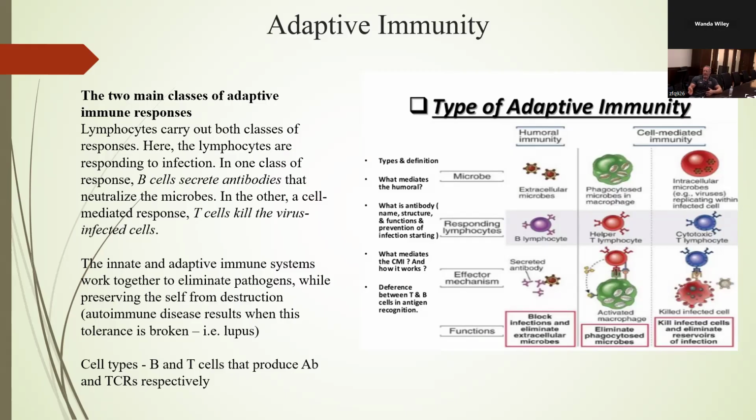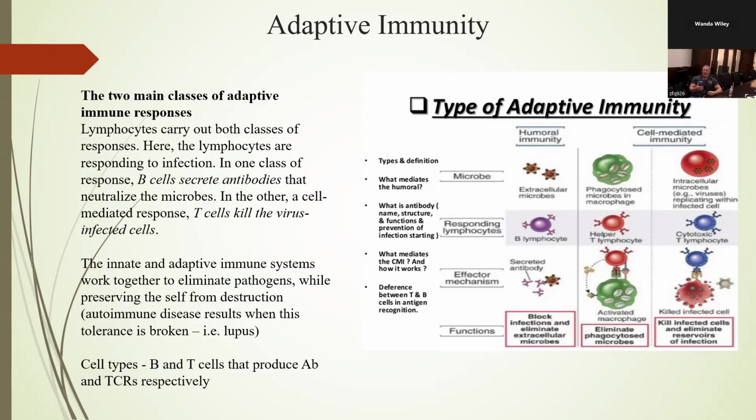B cell makes antibodies, or these are going to be T cells, which have the ability to directly kill an infected cell. And so it's going to be the innate and the adaptive immune system that work together to eliminate pathogens while also preventing the organism from being destroyed from the immune system.